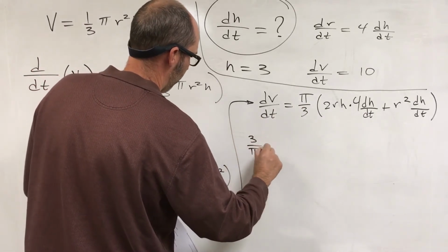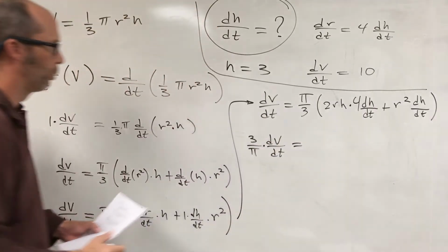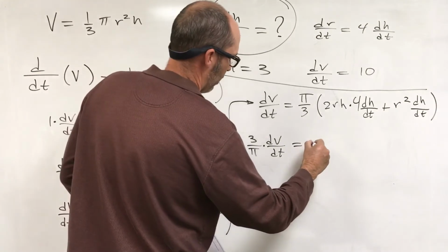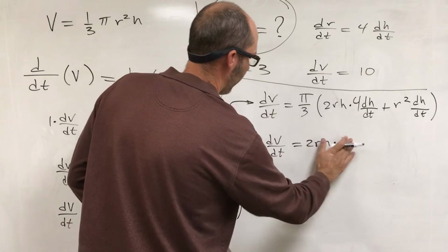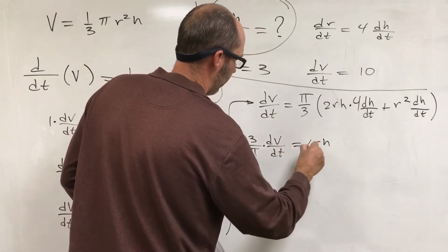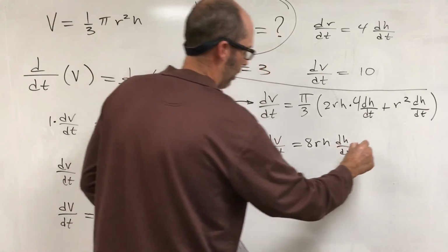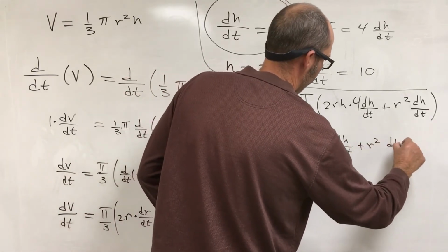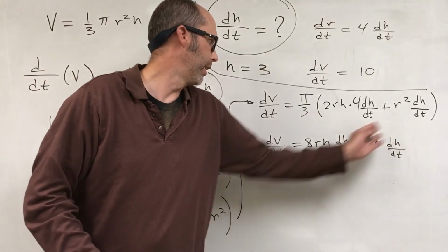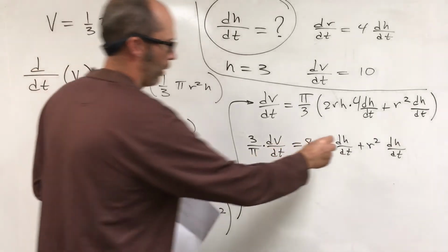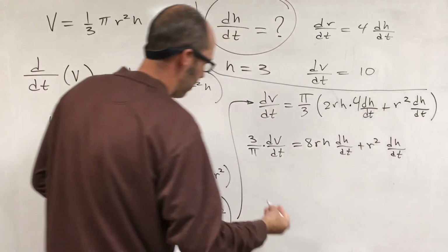So 3 over pi dV/dt is equal to 2rh times 4, which is 8, so I'll put that 8 in there, dh/dt plus r squared dh/dt. Now, to solve for dh/dt I have to get it alone, so I'll use the distributive property to factor out the dh/dt.